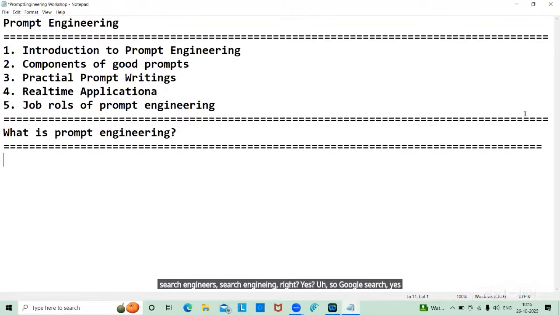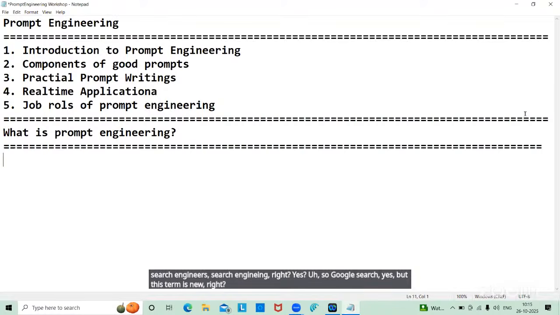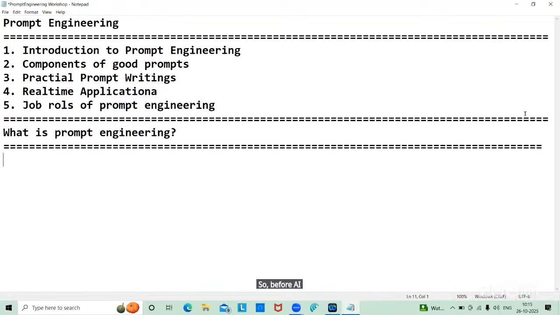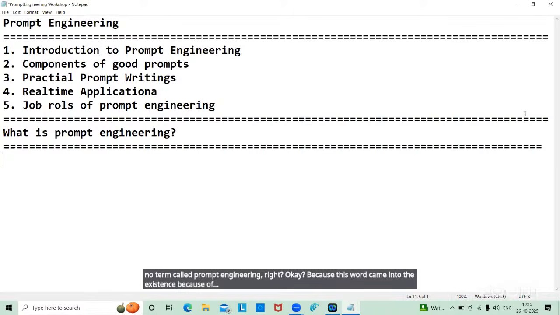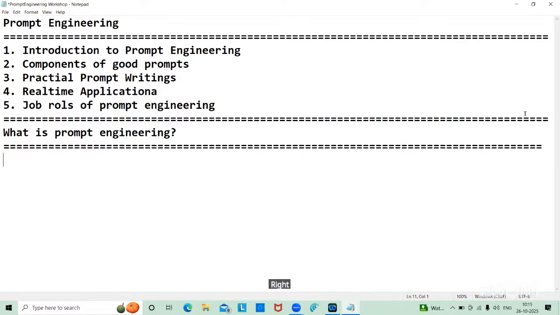But this term is new. Before AI, was there any term called prompt engineering? No. This word came into existence because of artificial intelligence.